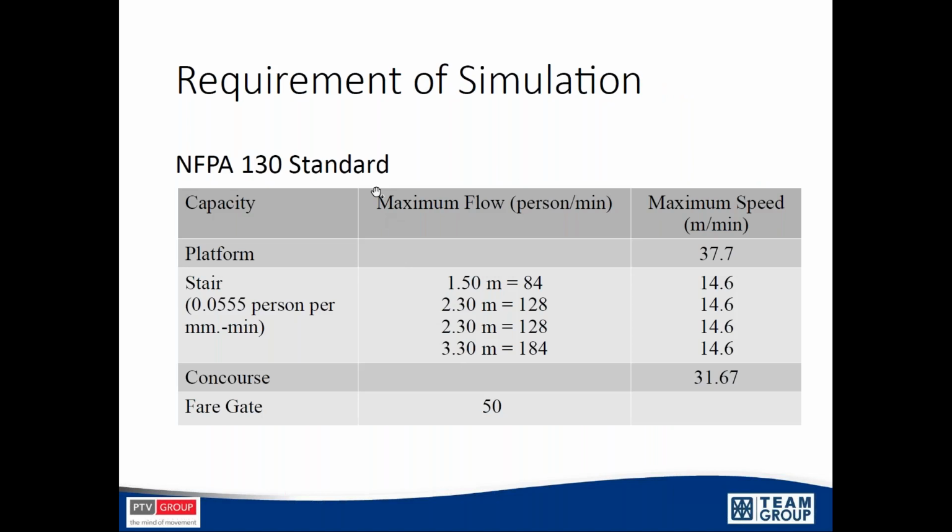If you see the requirement, you might think, okay, why don't we just run a Viswalk simulation and assign passengers to run as fast as we want? No, you cannot really do that, because NFPA mentioned that these are the maximum speeds for evacuation in order to keep everyone safe.